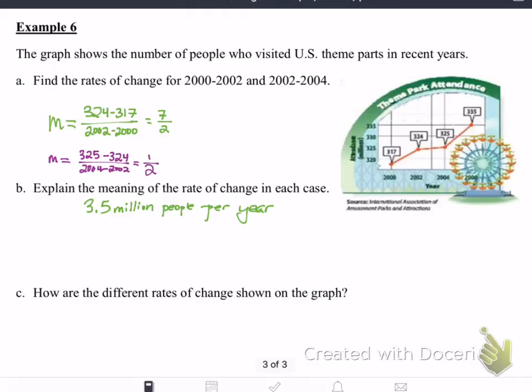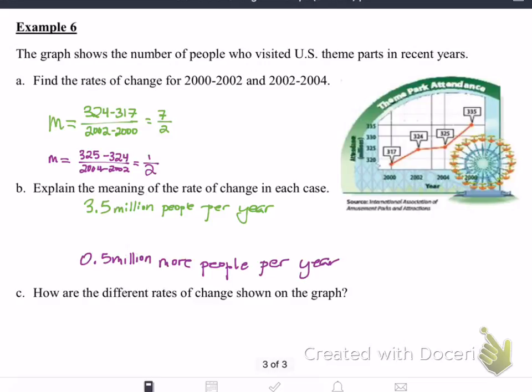And try to think about what is the meaning of this 1/2 between 2002 and 2004. That means that only 0.5 million more people per year. So there's an increase, right?